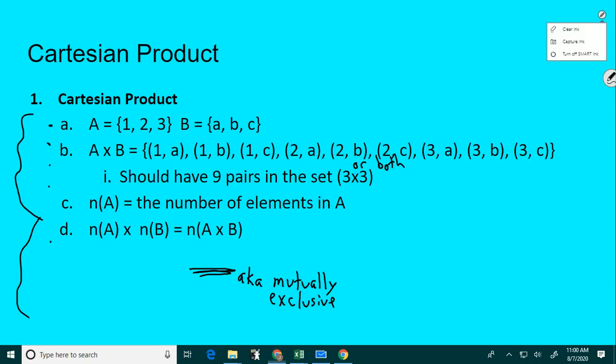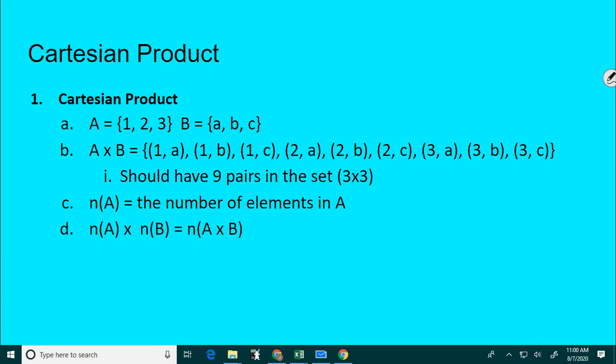Okay, next thing, Cartesian product. Looks more complicated than it is. So let's just say I have sets A and B. So set A, we have the numbers 1, 2, 3. Set B is ABC. If I want to find the Cartesian product, basically it's putting those into ordered pairs and just kind of combining it together.